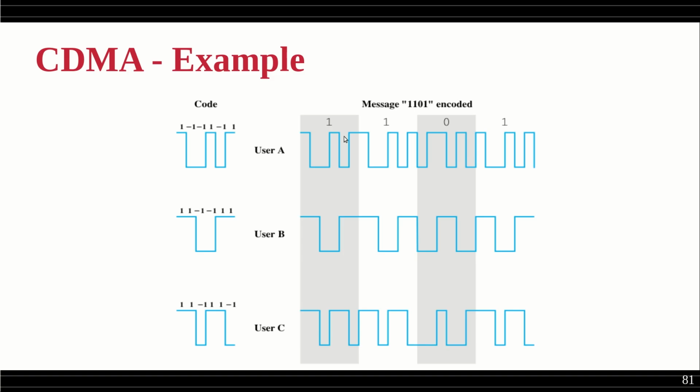Now the single bit is represented by 6 chips. So if the original data rate is D bits per second, it becomes 6 times D chips per second. As the bit is 1, it is represented as the code itself; when 0 comes, its complement is sent, because we are doing that XOR operation in the background.